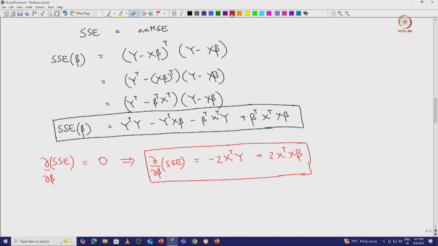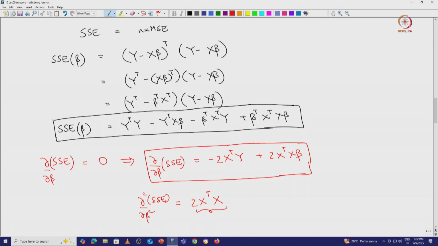Now we have to check the second order derivative, that is del squared SSE del beta squared, and clearly that is equal to 2 x transpose x. To understand whether this leads to a local minimum or maximum, we have to understand a concept known as the positive definite nature of a matrix.